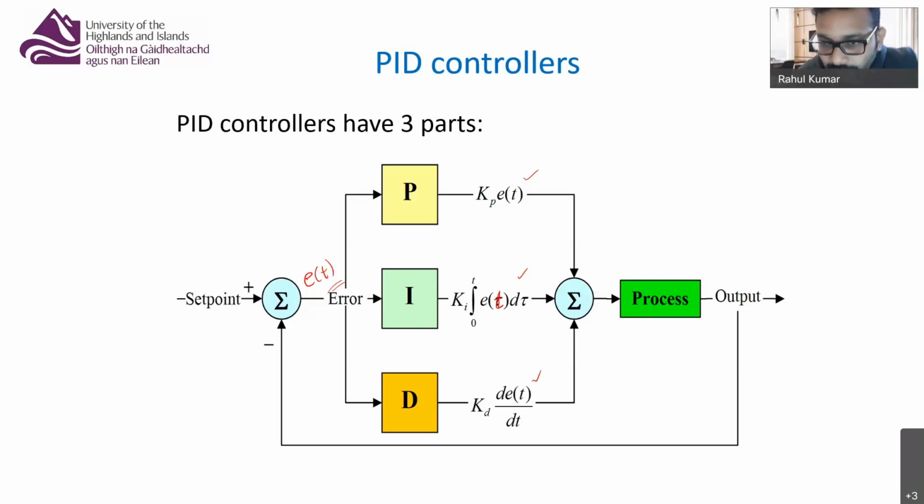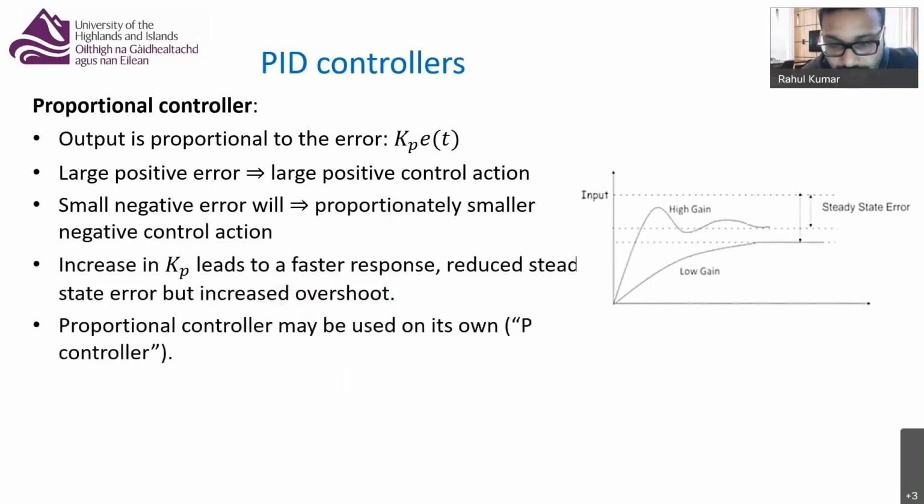Okay, so now let's start discussing the individual parts. What is proportional, and what are its advantages, disadvantages, limitations, right? Let's try to understand all three parts, starting with the proportional controller.